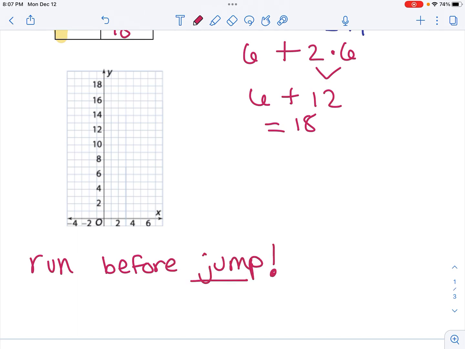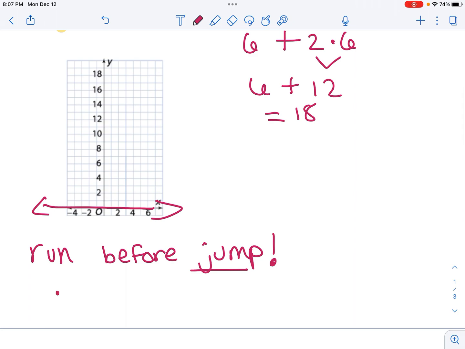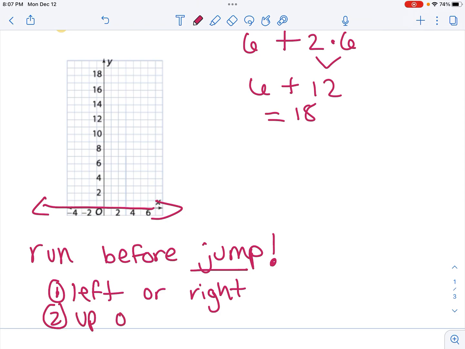I'm going to jump a lot higher if I run first. Running, we go left to right. So we always want to go left or right before we go up or down.